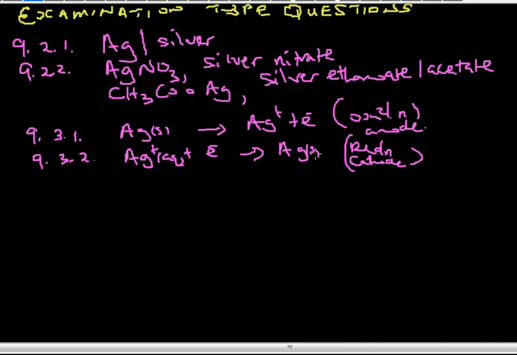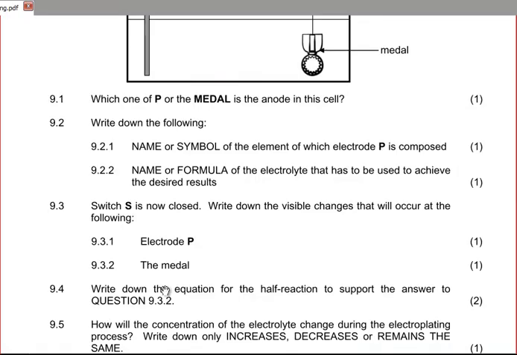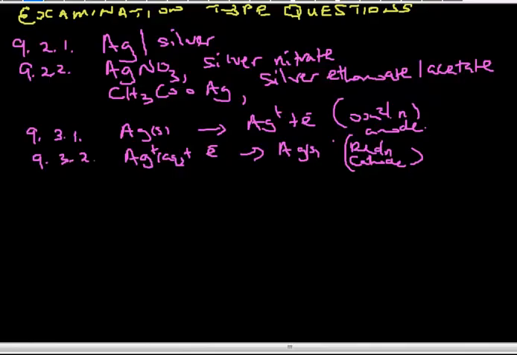So the concentration of our electrolyte is going to remain the same, because we are forming 1 mole and we are using 1 mole. So it is going to remain the same. So that is our answer to question 9.5. So it remains the same, right?